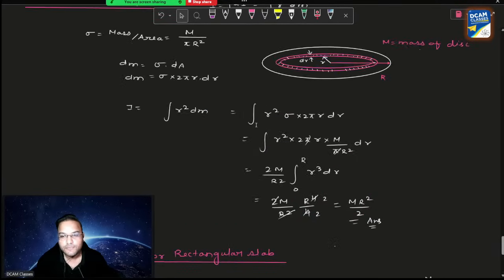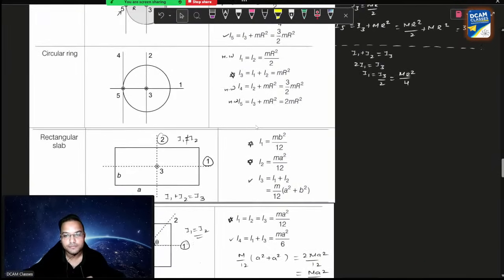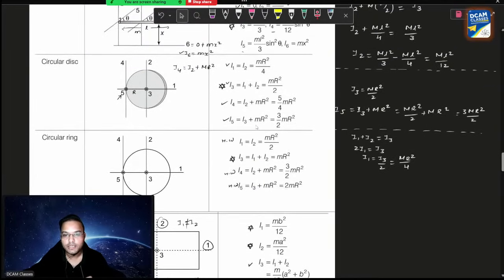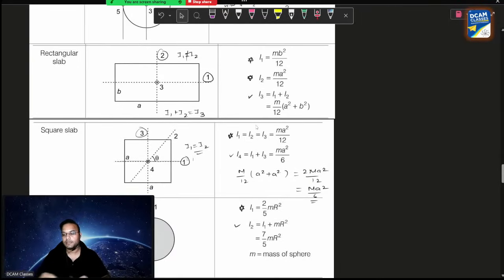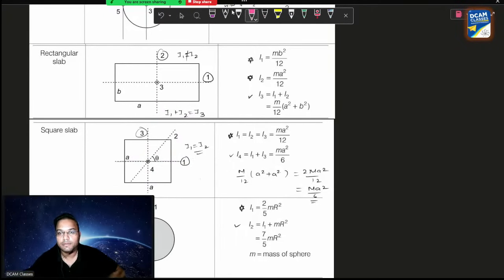So in this, one more result is missing. Cylinder. For a cylinder, they have not given. For a cylinder, the moment of inertia is m r square by 2. Let me draw that also.